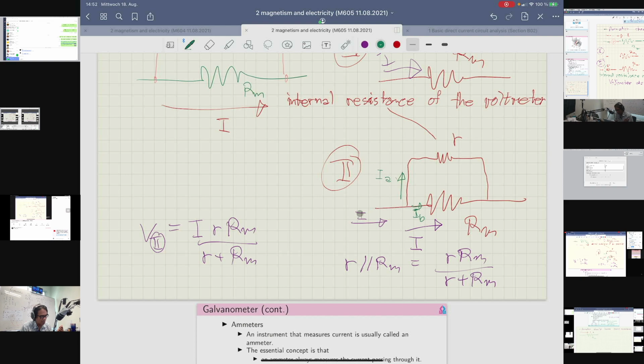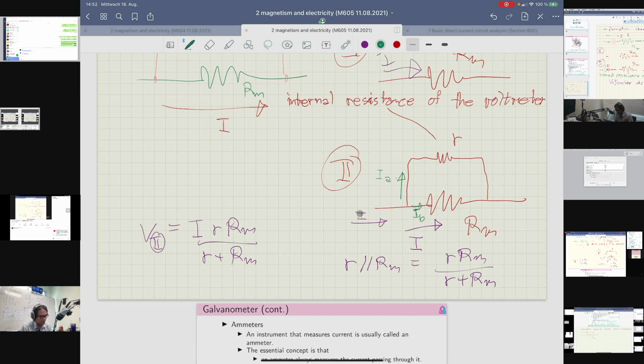So the current flowing here will be exactly the same amount flowing through this branch. All right, and that's the case for the voltmeter, the basic thing that you need to know regarding the ammeter and the voltmeter.